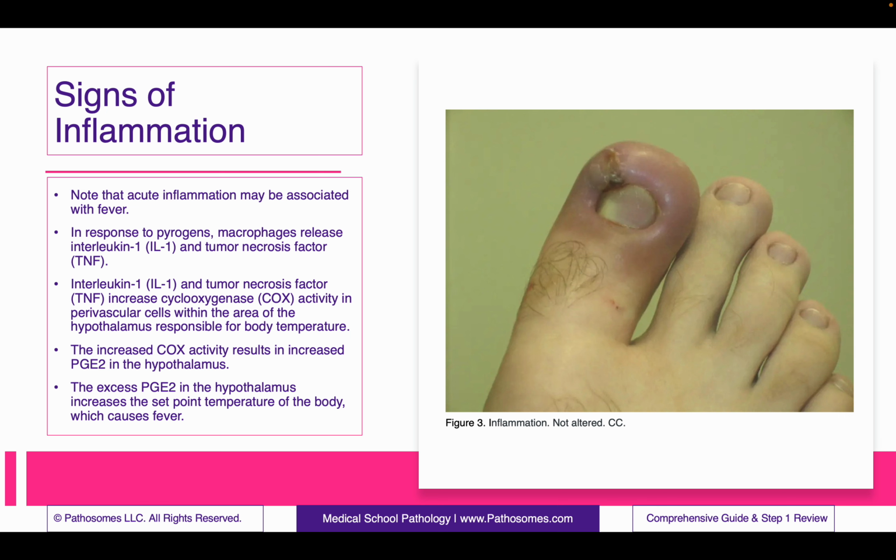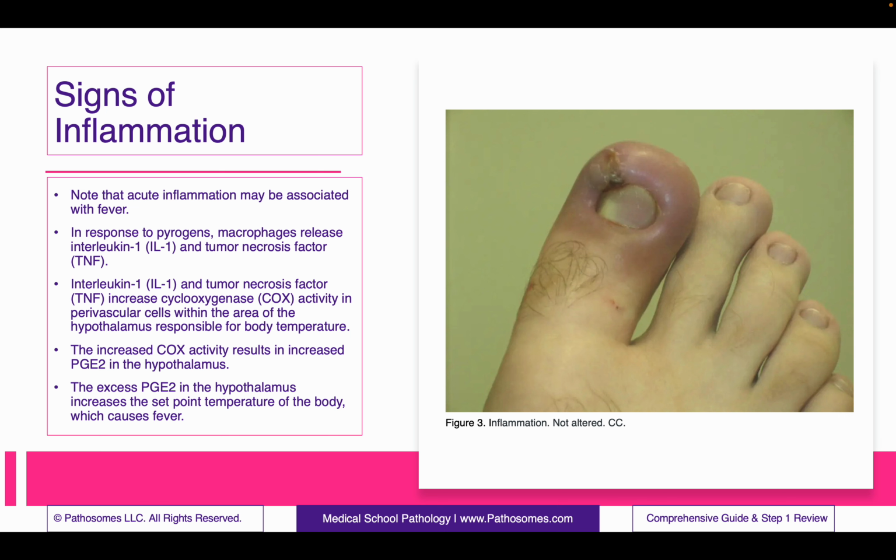What's going on in this image here to the right? You remember that? Can you see any signs of inflammation? Do you think this is warm or cold? Looks painful to me. Do you think the patient would say that's painful or not? Signs of inflammation. Make sure you have them down.